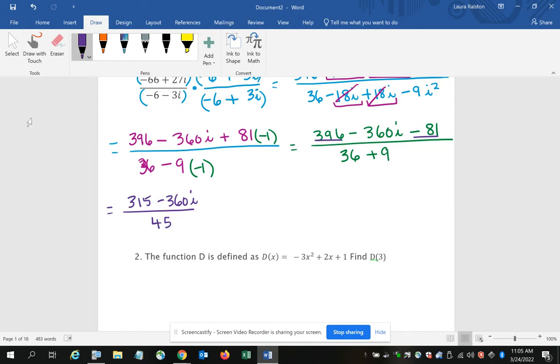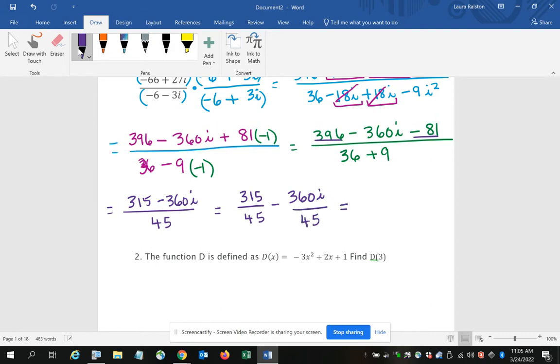And we may be able to simplify that if you break this apart, because it wants it written in that form, 315 over 45 plus, or excuse me, not plus, minus, watch your signs, don't make the mistake Miss Ralston made, minus 360 over 45.